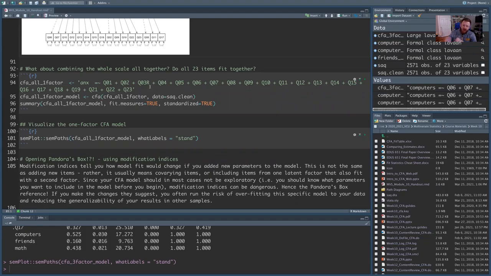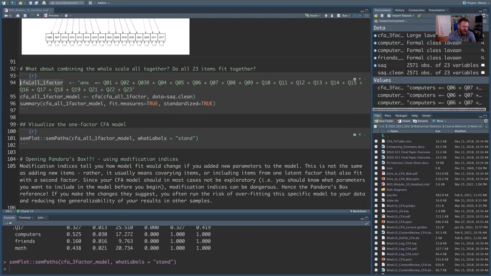Cronbach's alpha by definition is going to go up. It's a little bit like R squared in that way. So a factor like this is likely to have a high reliability, but it may not be all that internally consistent in terms of should we consider all of these things as equally contributing to the same latent factor? And that's what we're testing here.